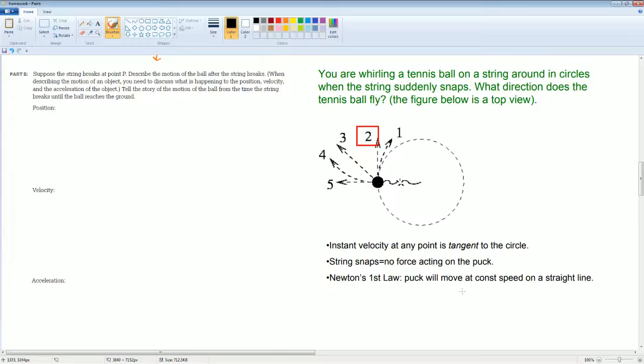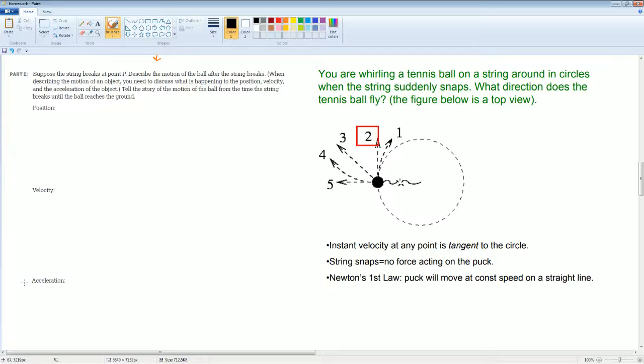Why? Because there are 3 reasons. 1, the instantaneous velocity at any point is tangent to the circle. 2, the string snaps, so there's no force acting on it. And 3, based on Newton's first law, the object will move at a constant speed on a straight line. Okay, using this idea, you can write this.